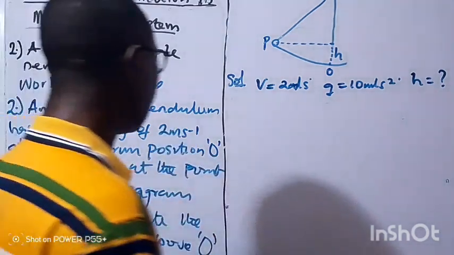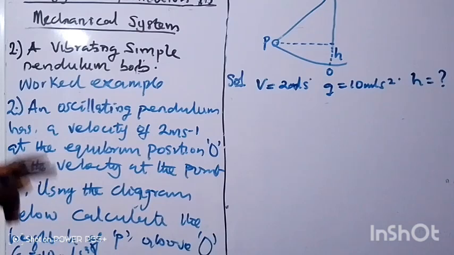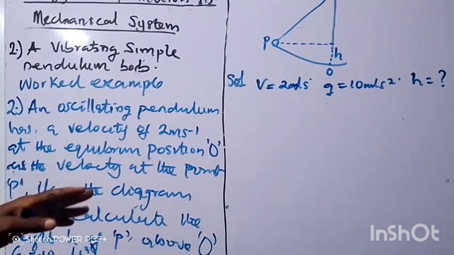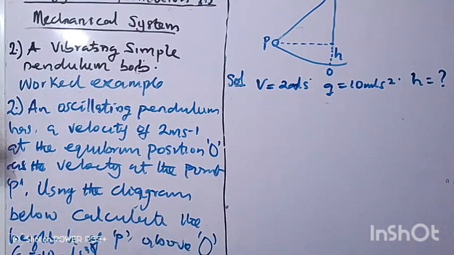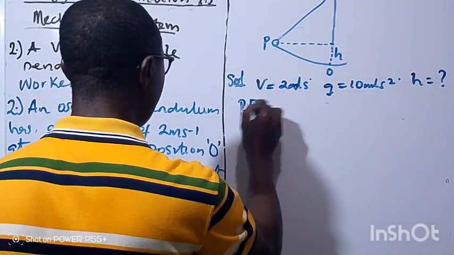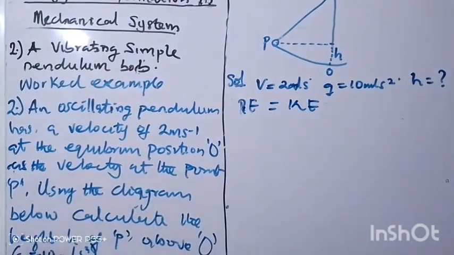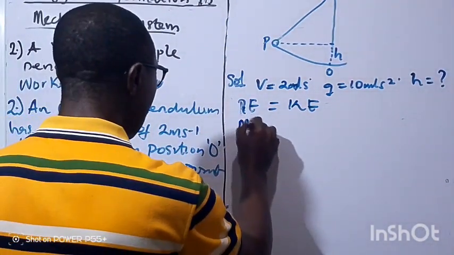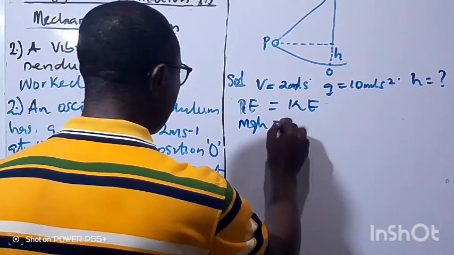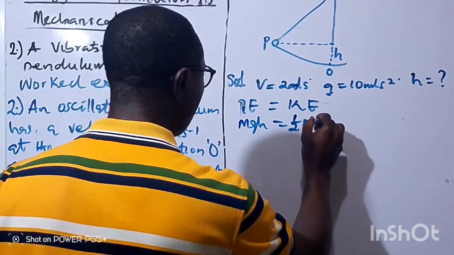And the kinetic energy will be greater when all the potential energy has been converted or transformed to KE. So therefore, we now say P must be equal to KE. And what is the formula for P? That one will be mgh is equal to that of kinetic energy, half mv square.